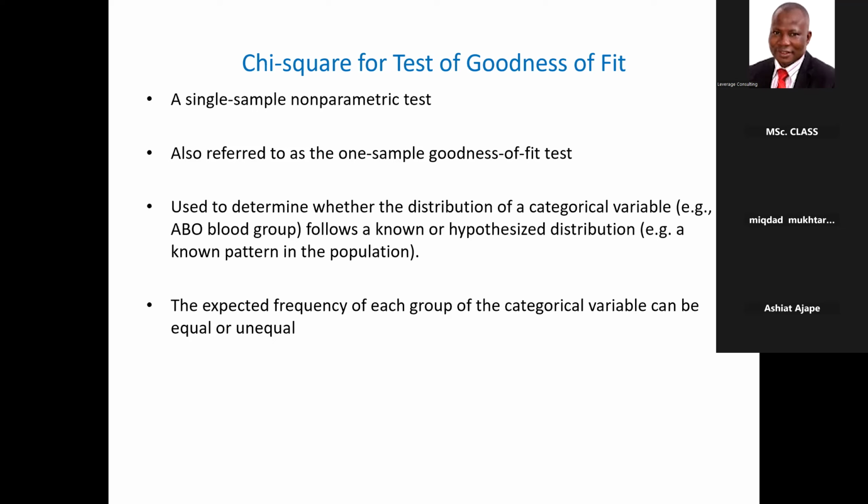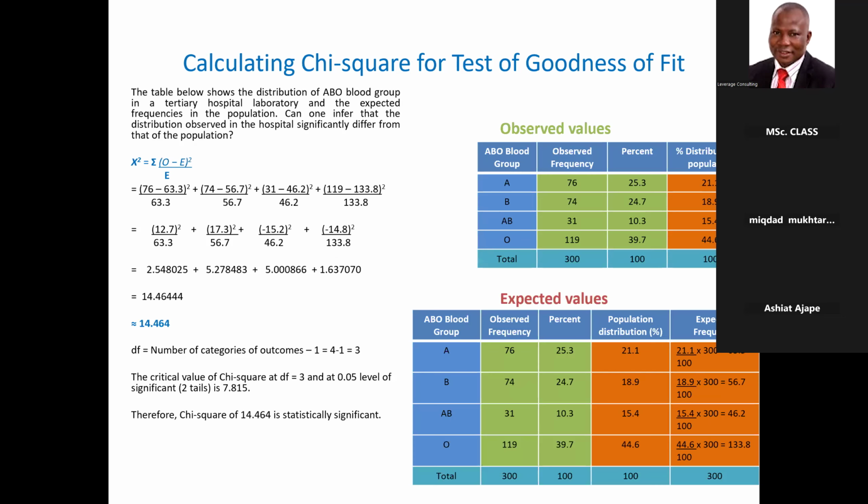You now did a study of maybe 300 or 400 people and get your own percentage, which may not be exactly what they had before. You want to compare your percentages as a test of goodness of fit.